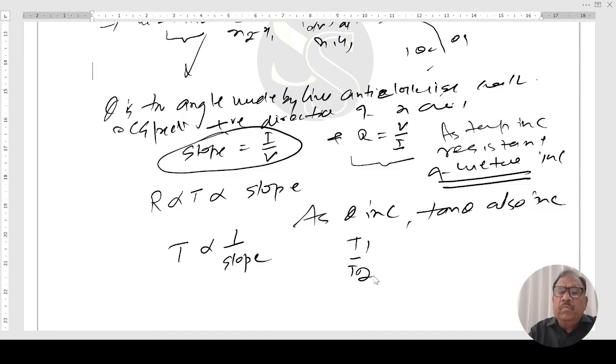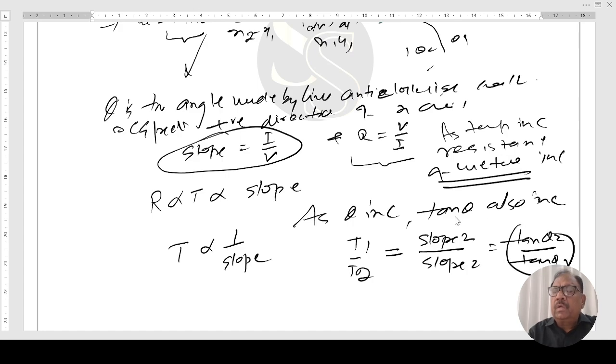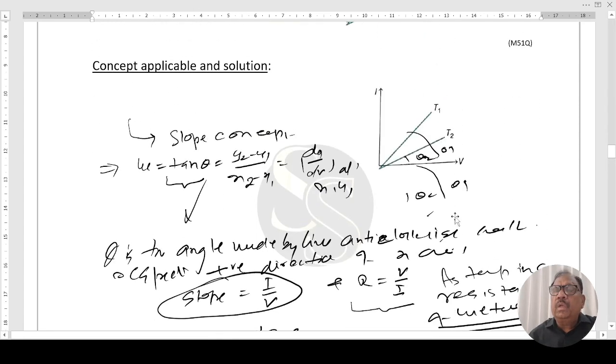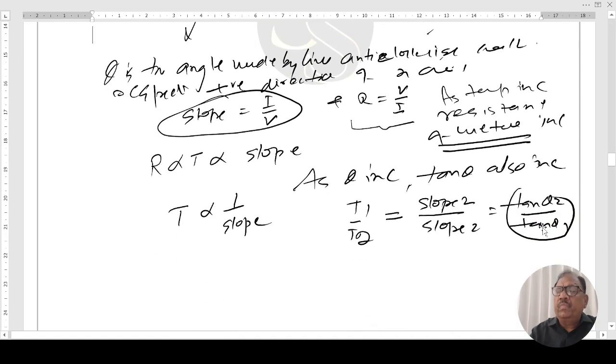T1 over T2 will be equal to slope 2 over slope 1, that is tan theta 2 upon tan theta 1. See this factor, tan theta 2 upon tan theta 1. Tan theta 2 is this, tan theta 1 is this. So this is less than 1.